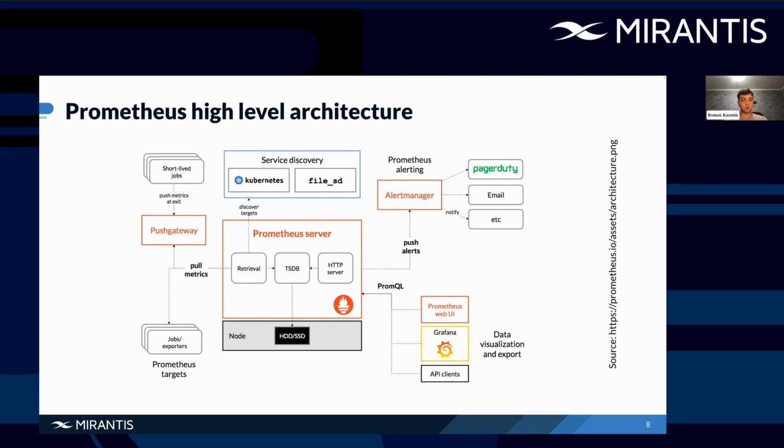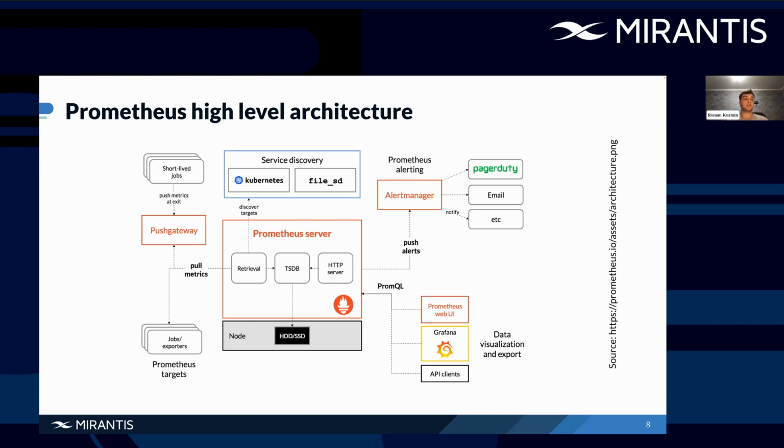Also, there is a tool called Push Gateway. You can see it here, and it comes as part of the Prometheus setup. It's a different project, but they always come in conjunction. This tool is responsible for collecting metrics from short-lived jobs. For example, part of your application, or the whole application, is built on cron jobs.